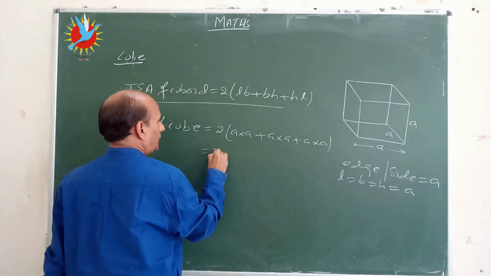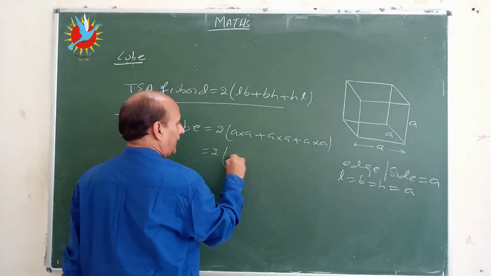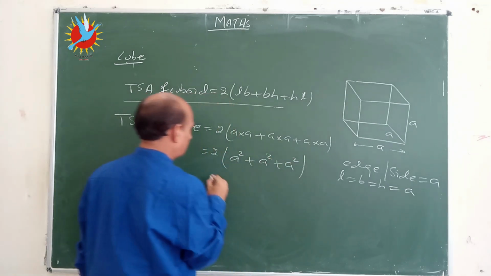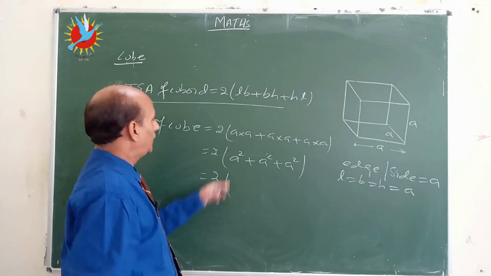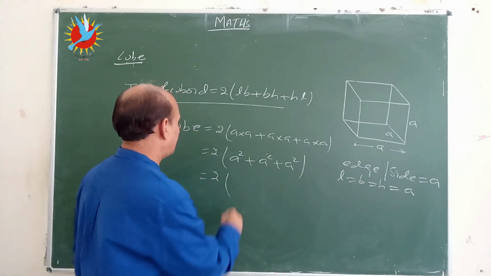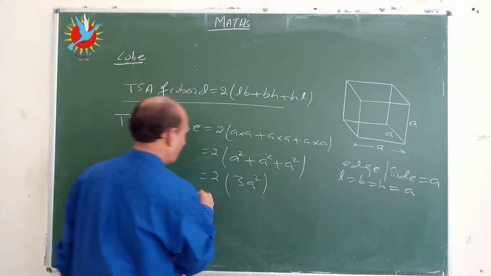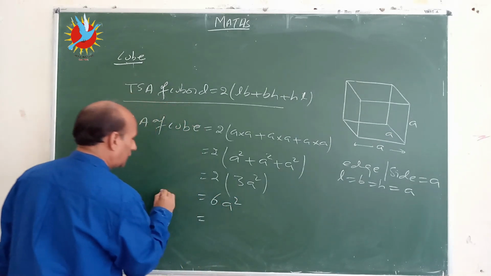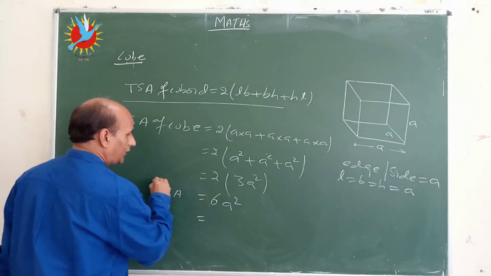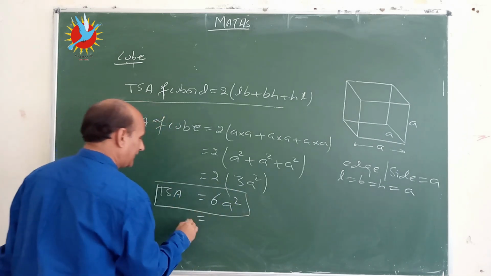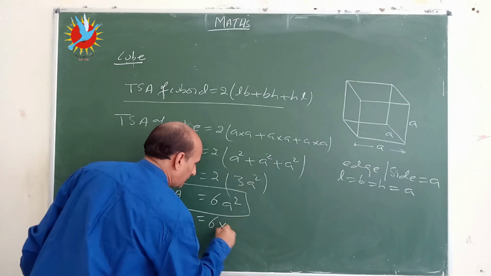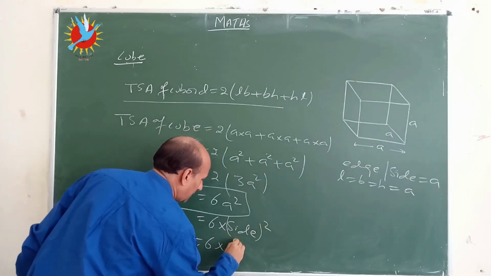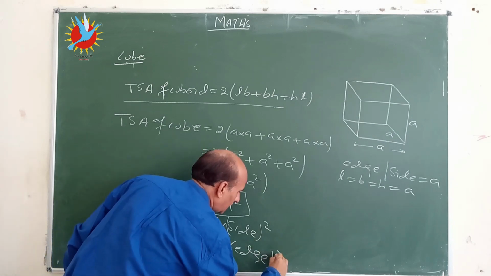That is A square, three A square you have got, and 3 twos are 6, so it is 6A square. That is, the total surface area of a cube is 6A square, or 6 multiplied by side square, or 6 multiplied by edge square.